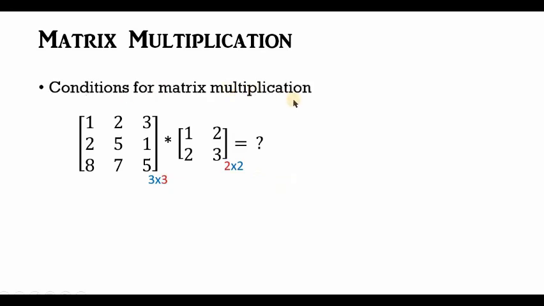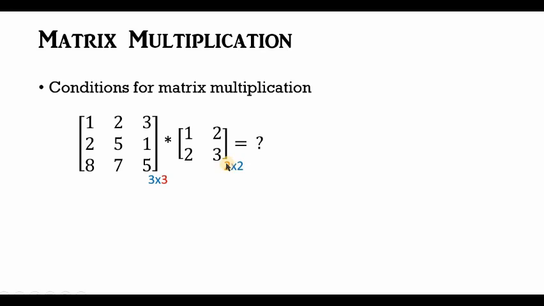The condition for matrix multiplication is that the total number of columns of the first matrix should be equal to the total number of rows of the second matrix. In this case, total number of columns of first matrix is 3. Here the total number of rows is 2. They are incompatible matrices for multiplication.